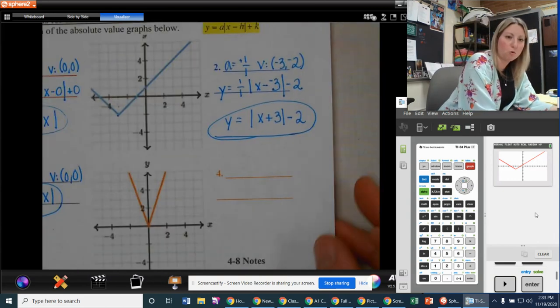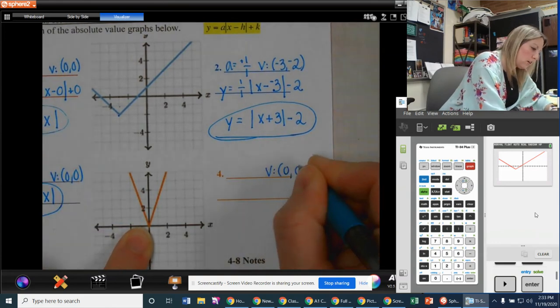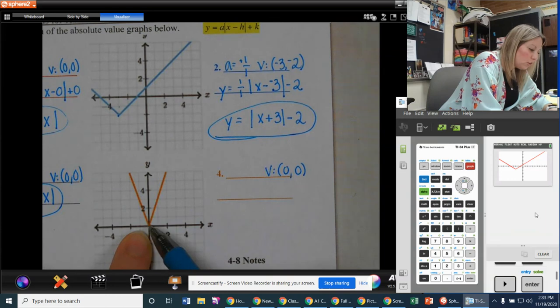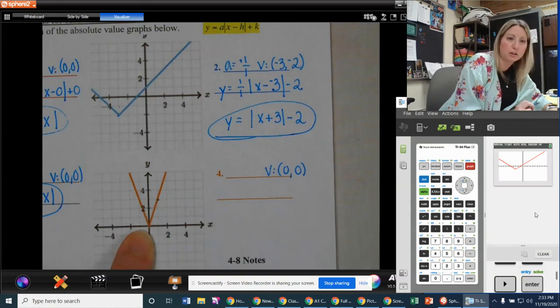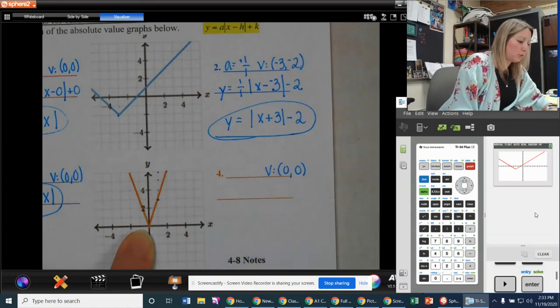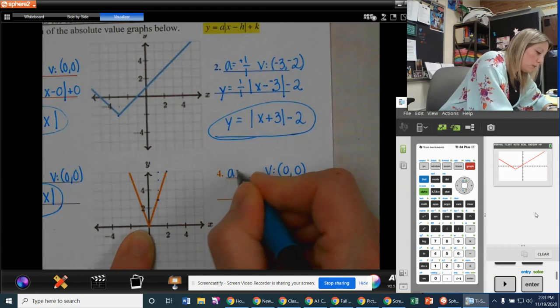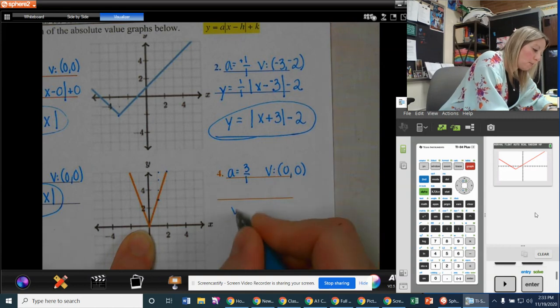Okay, and then there's number 4, of course. The vertex is 0, 0, so nice and easy to see. But here, slope is up 3, right 1 to get to the next point. So your slope is 3 over 1. So plugging in, you can probably go to it right away.